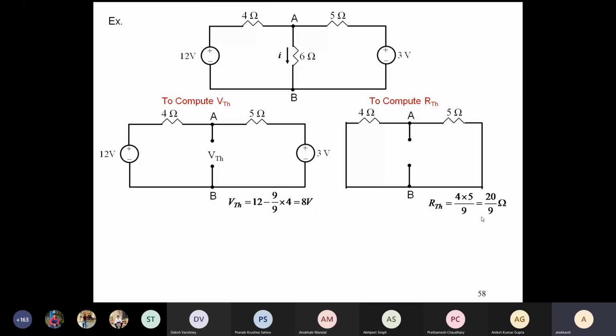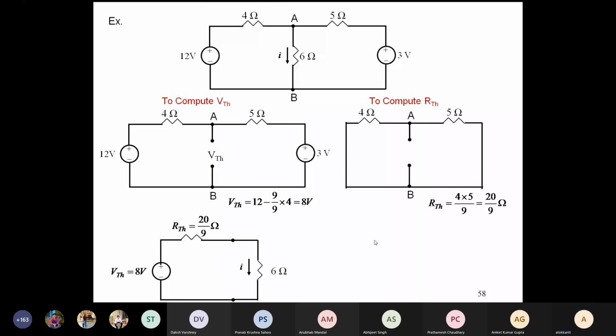So now your circuit becomes this. Remember the theorem. That is the circuit now, because we have found VTH and RTH: VTH equal to 8 volts, RTH equal to 20 by 9. Now you reconnect the load, that is 6 ohm. By removing the 6 ohm, the whole circuit has been represented as a voltage source, the Thevenin voltage, in series with a resistance, the Thevenin resistance.